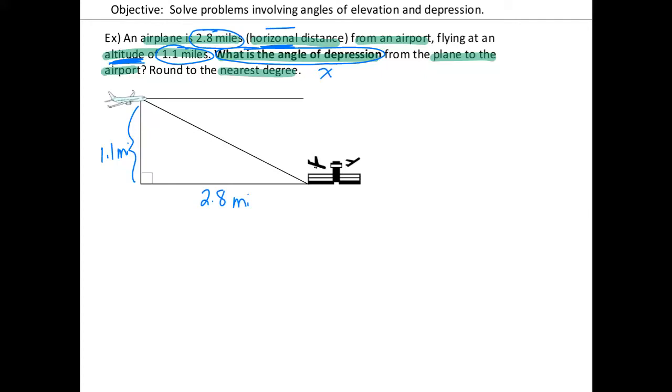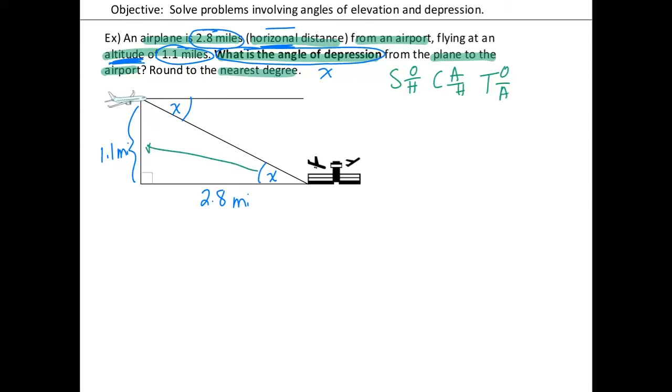And then the question is, what is the angle of depression? Depression, remember, is the outside angle looking downwards. So that's my x, but I know that the angle of depression equals the angle of elevation, so I'm going to move my x over here. Then we can figure out my variable using SOHCAHTOA.